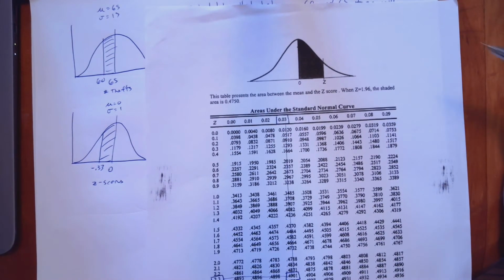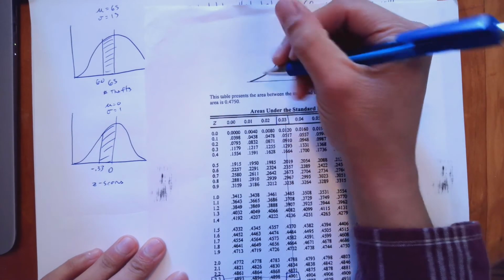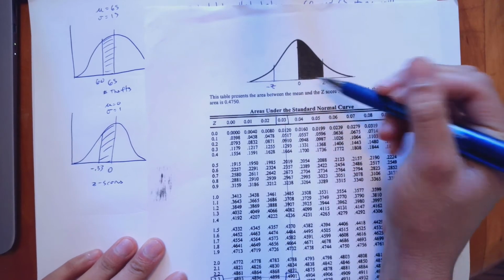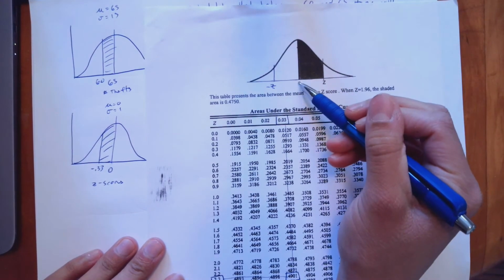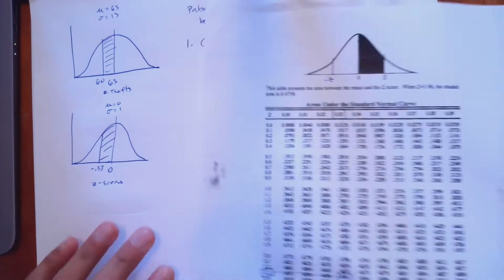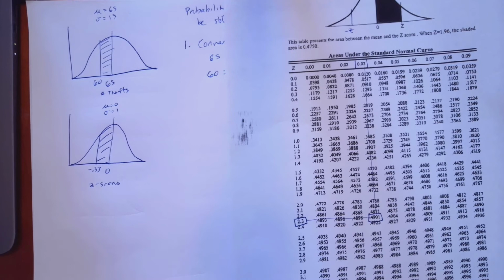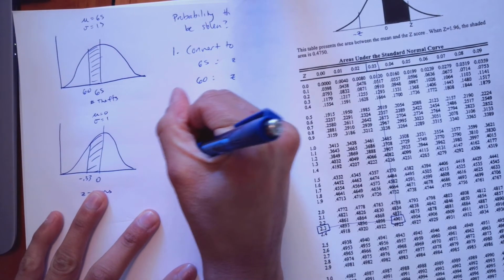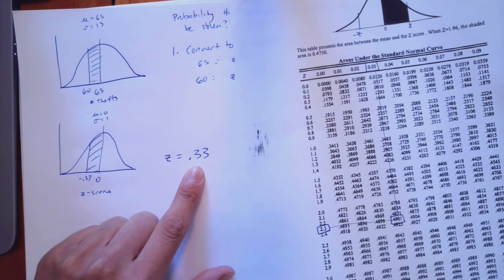The reason for this is that this is a completely symmetrical graph. This means that the area between 0 and a z-score is exactly equal to the area between 0 and a negative z-score. So when you have a case like this, you can essentially just ignore that negative sign. So here we're going to be looking at z equals 0.33 on the z-table.